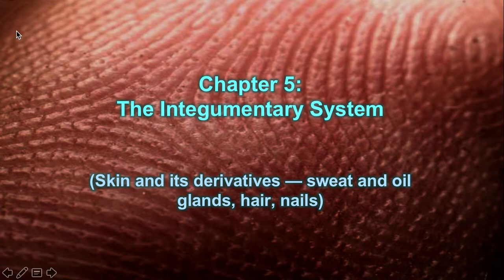So we're starting with the integumentary system, or the integument. The integumentary system is made up of the skin and its derivatives. So that's your sweat and oil glands, skin, your hair, your nails. So here we go.